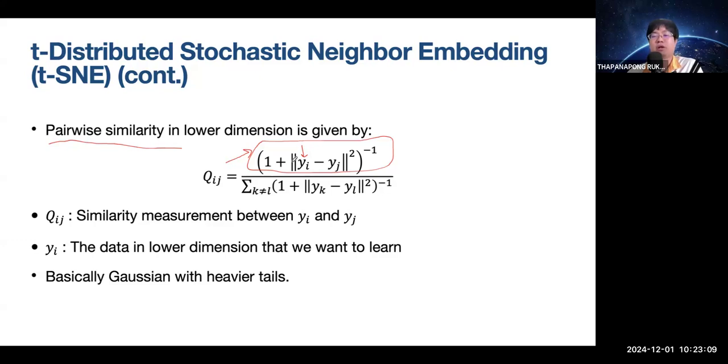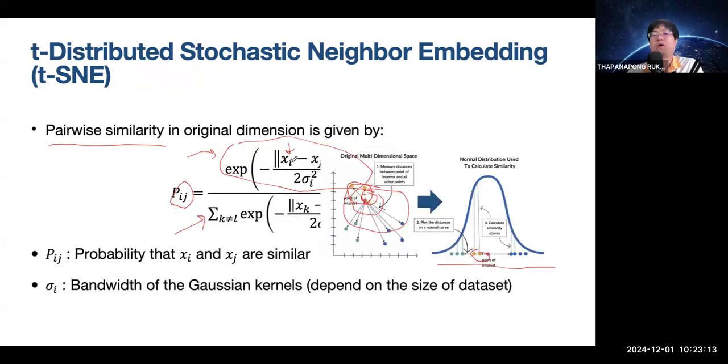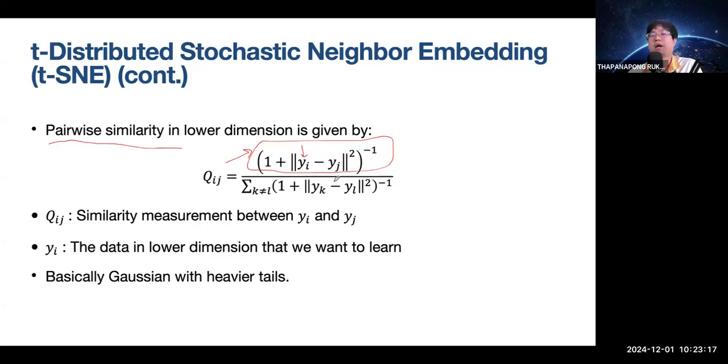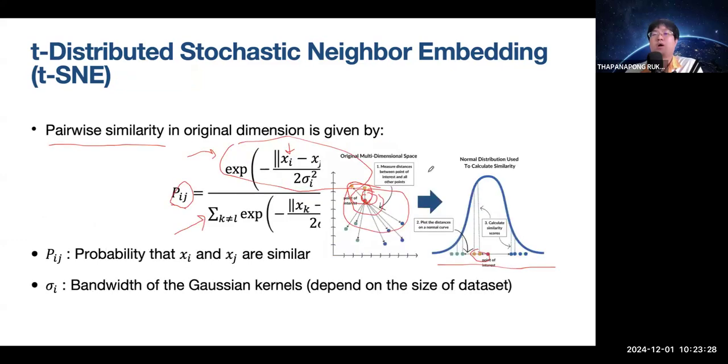And the reason that we do it differently is that for high dimension, we use Gaussian, but for here, we can just use t-distribution. In high dimension, the data are far apart, so you can have the bandwidth, right? You can control how far it can be.